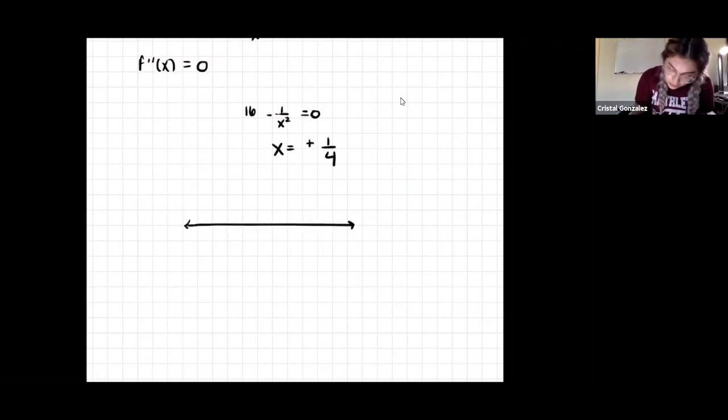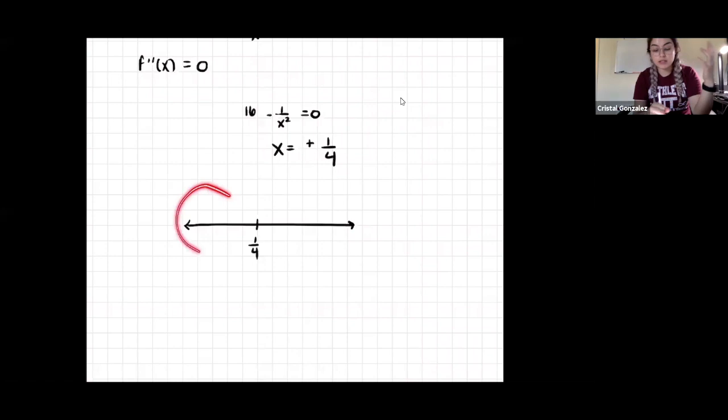If we take a look at this function, the point that we're actually going to test is 1 over 4, and so let's put that somewhere over here. Now, one thing we do want to be careful of is when we're testing points, we can't just test something before 1 over 4 on the left-hand side, like 0, or -1 or -2.